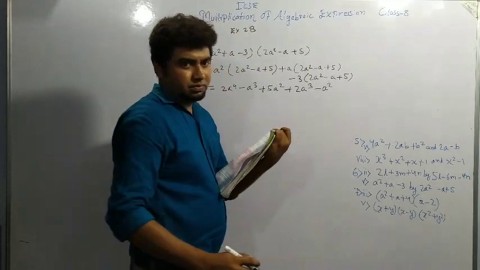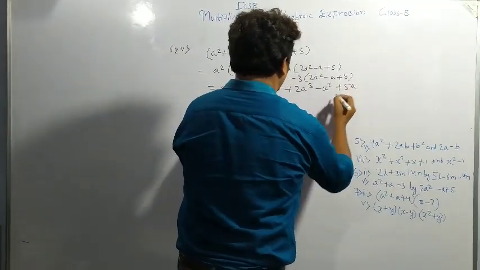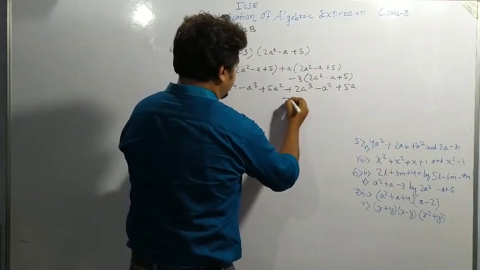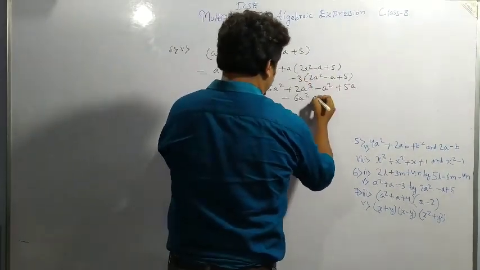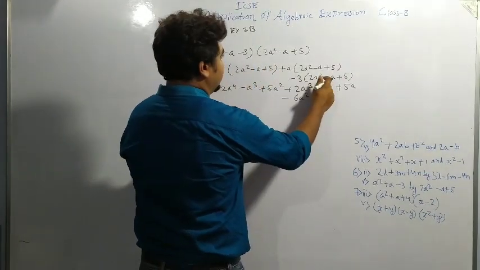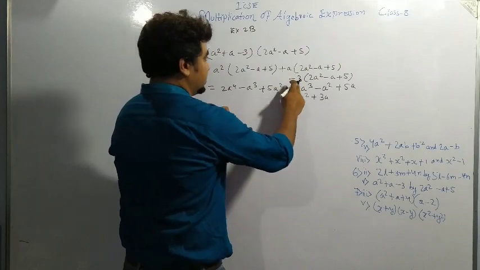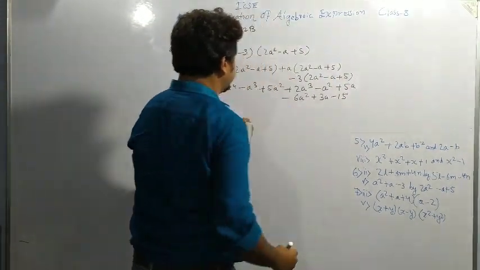A into 5 will become 5a. Minus 3 into 2 will become minus 6 a square, minus 3 into a becomes plus 3a, minus minus will become plus, and minus 3 into 5 is minus 15.